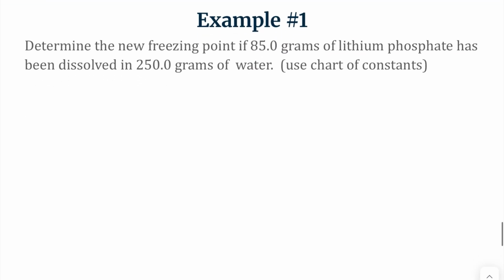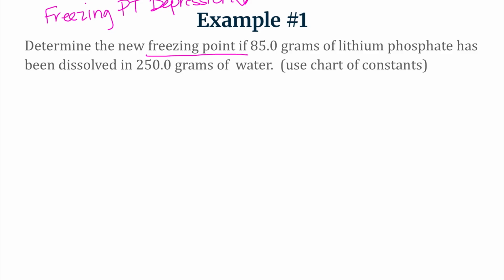All right, example 1. Determine the new freezing point. So this one is a freezing problem. And so freezing point depression, that freezing point is going to go down. If 85 grams of lithium phosphate has been dissolved in 250 grams of water. So we need to use that chart of constants.